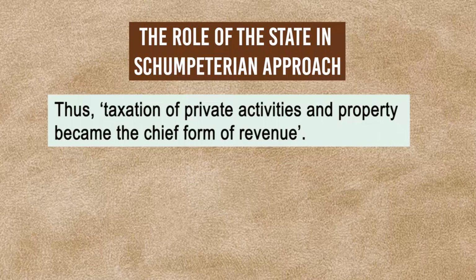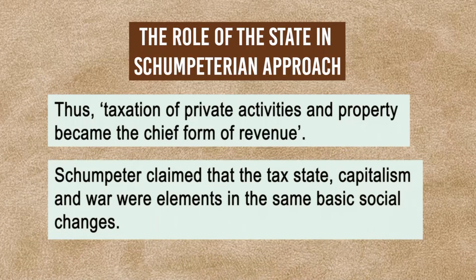So with the evolution of feudalism, property was divided into private and public titles. Then, as property and the market system developed, the state's activities, and especially war, had to be financed by the state. Thus, taxation of private activities and property became the chief form of revenue.